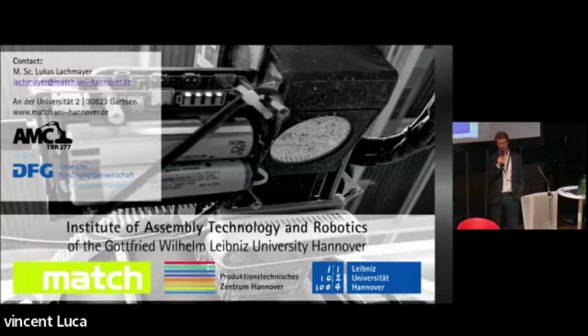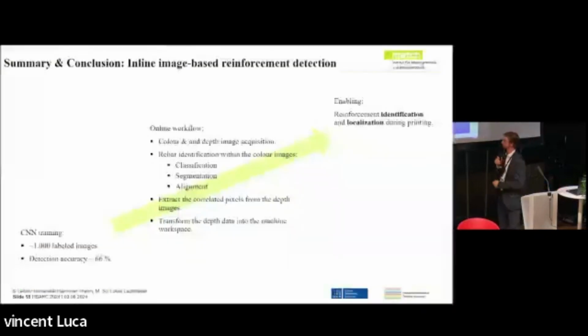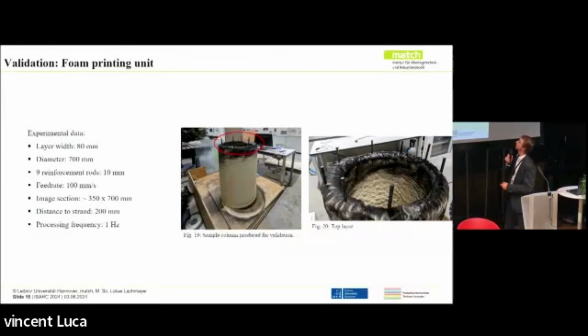Let me step back to the slide. We stopped the printing process at this level. However, usually we would continue printing. So, for example, if we add these rebars down here, and then we continue printing, you won't be able to tell anything about the reinforcement in the object anymore.